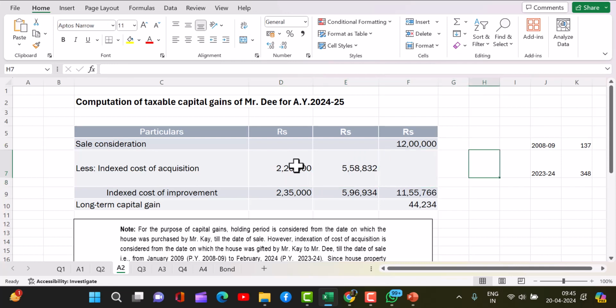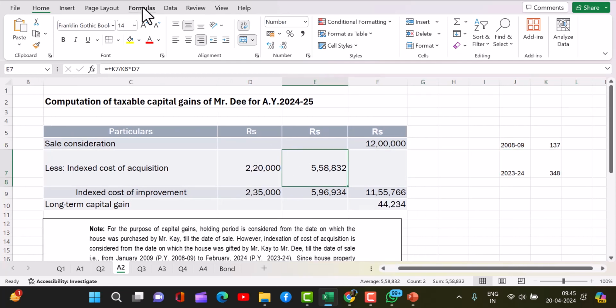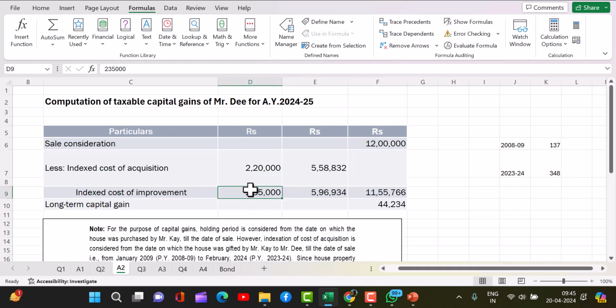Which will be basically this and this. If you look at the formula here, this is 2,20,000 multiplied by 348 divided by 137. So we get the index cost of acquisition as 5,54,000. Similarly, in the same year, the cost of improvement has also happened.